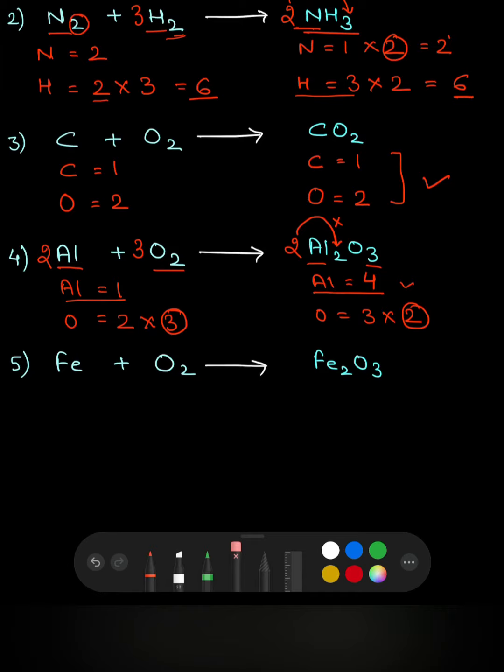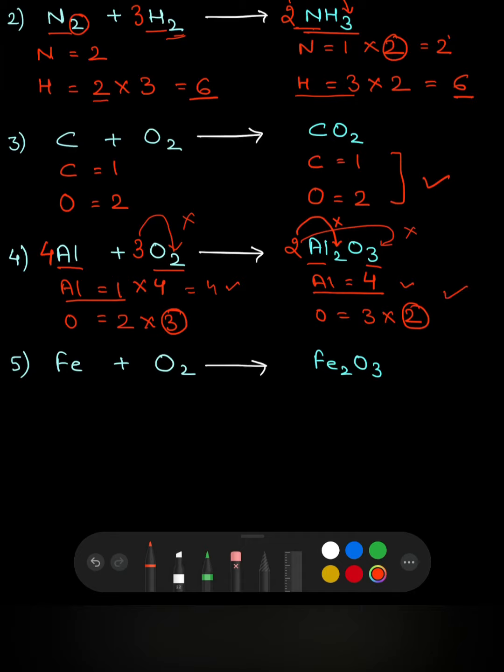So we have to erase it and multiply it by 4. Now check once more. The aluminium on the left side has 4 atoms. On the right side also we have 4 aluminium atoms. On the left side there are 6 oxygen atoms, and on the right side also we have 6 oxygen atoms. Now we have a balanced chemical equation.